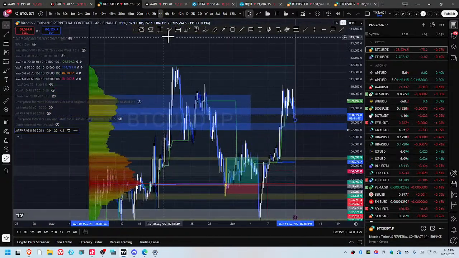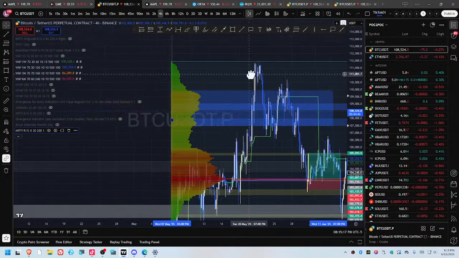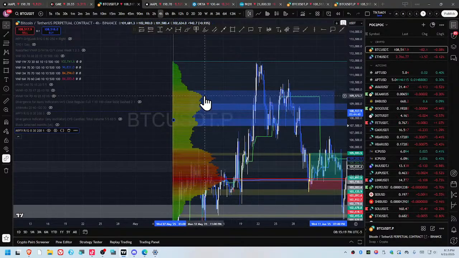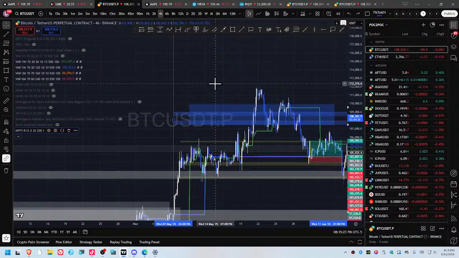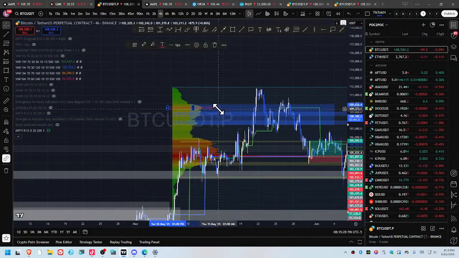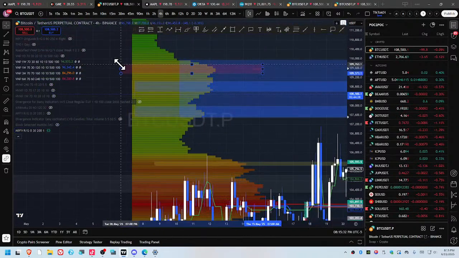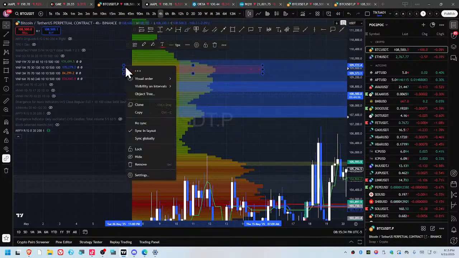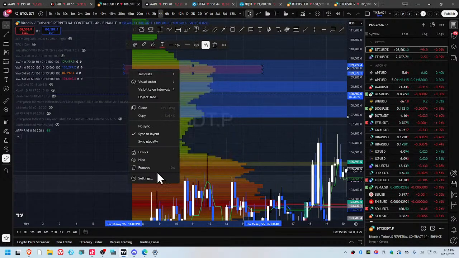So if we draw that out, let's try to draw it out better. And we lock and extend this to the right.